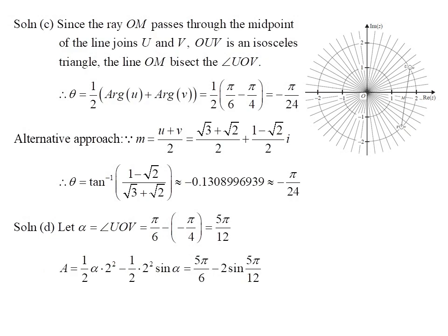Hence, the area of the minor segment can be expressed as 1 over 2 times alpha times 2 squared minus 1 over 2 times 2 squared times sine alpha, which equals 5 pi over 6 minus 2 times sine of 5 pi over 12, which approximately equals 0.69 units squared.